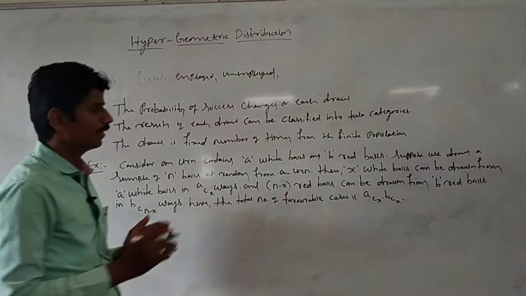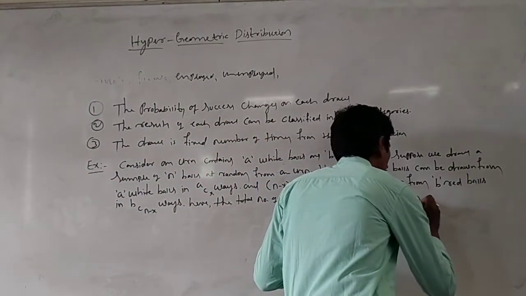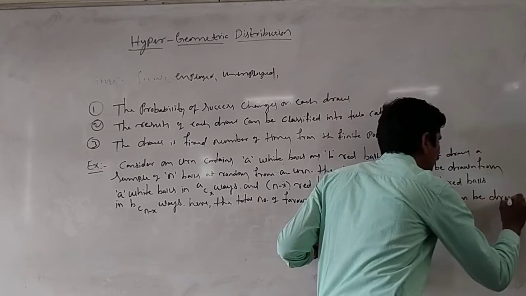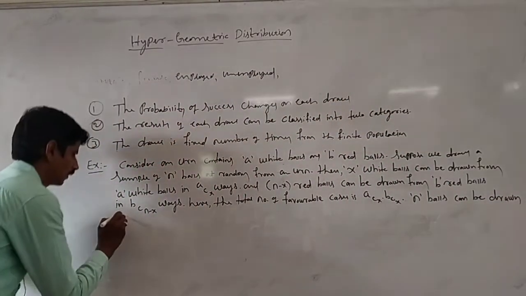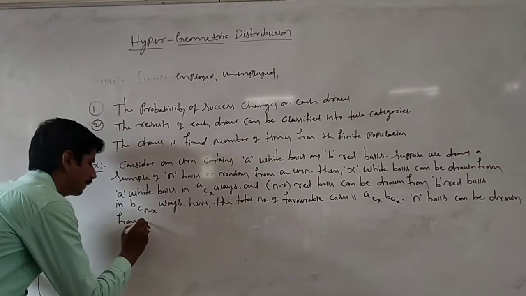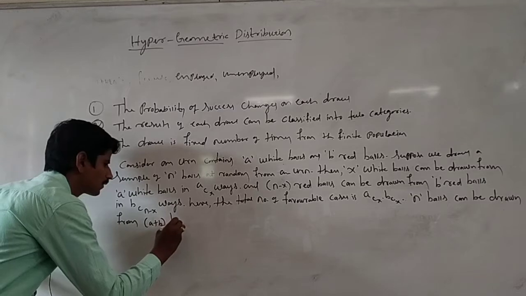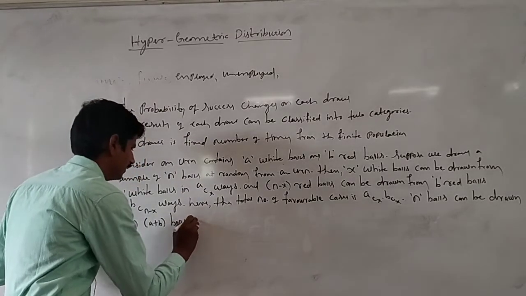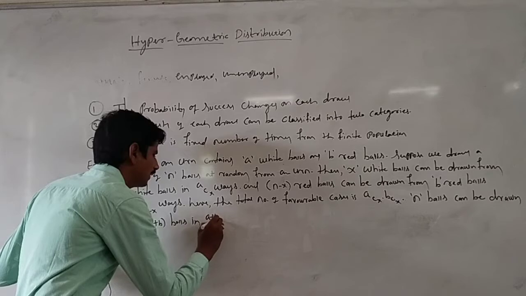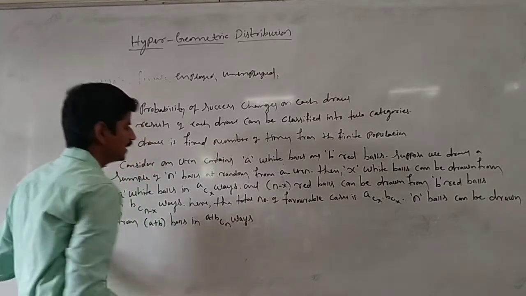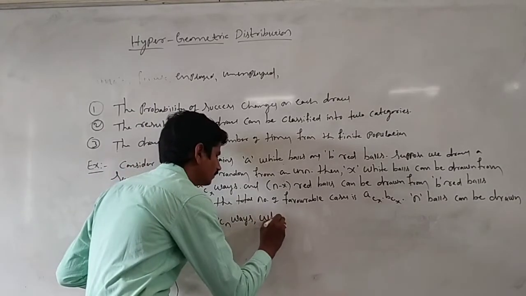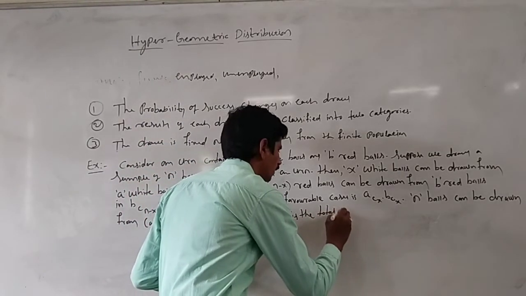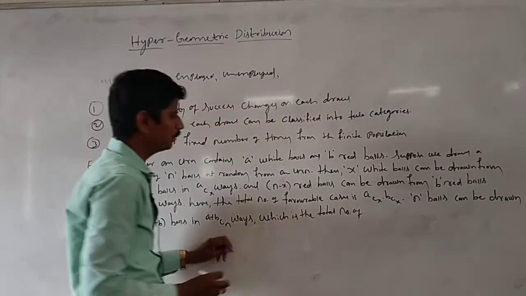Next concept. N balls can be drawn from A plus B balls in A plus B Cn ways, which is the total number of possible outcomes.